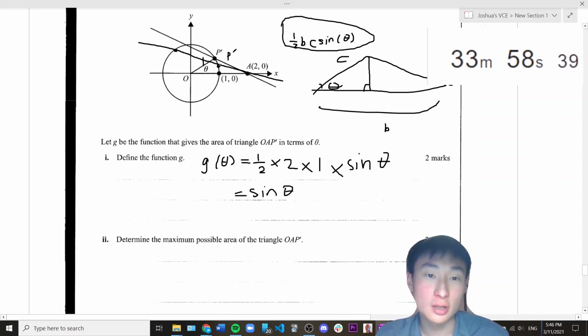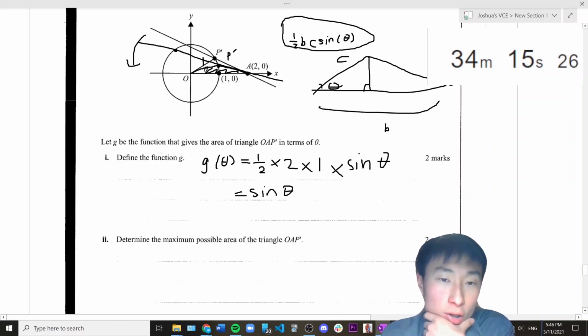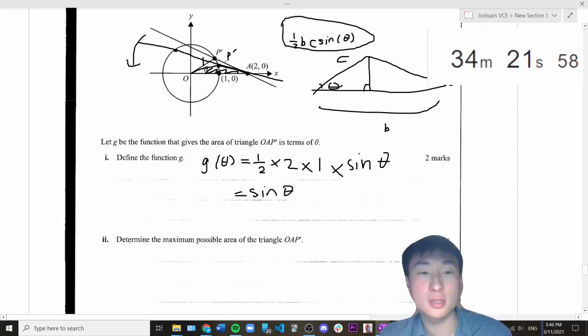So anything in that direction means that the triangle is smaller, right? If you decrease the gradient, the triangle is smaller. If you increase the gradient, sorry, this is all negative.